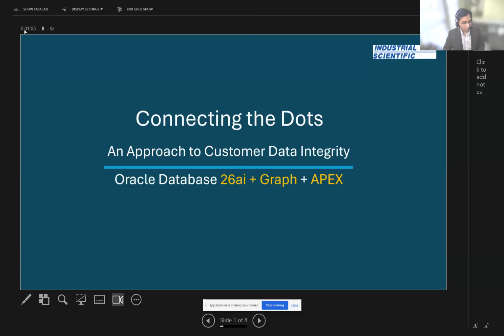Pretty much the vision of the company is to eliminate death on the job by 2050. So in an effort to align with our initiatives and make sure that we are giving the right value from our products to our customers, one thing that's very important is to make sure that we have the right devices shipped out to the customers, which means that our customer data has to be intact.